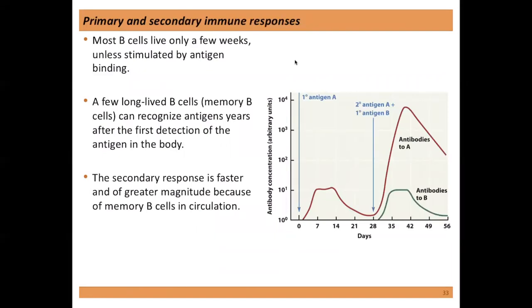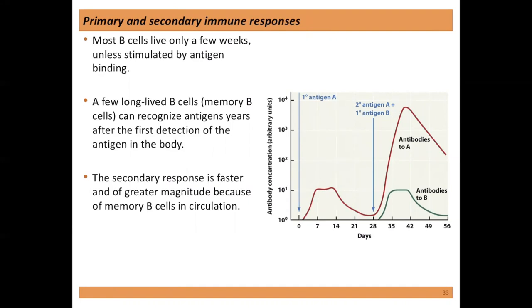So when we first get exposed to an antigen, we're going to have a response. Not much of a response, but we start producing a response until eventually that antigen is cleared. That's what's referred to as the primary immune response, and it tends to be weaker.